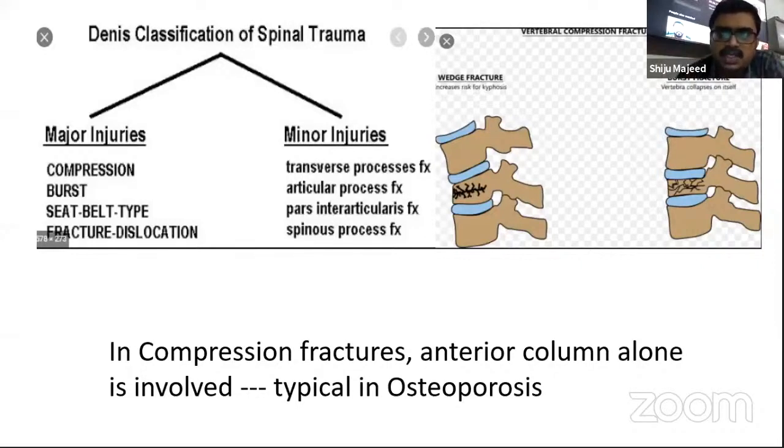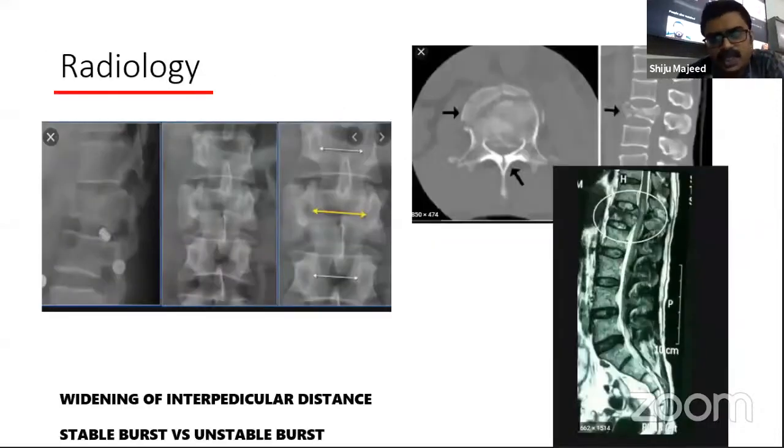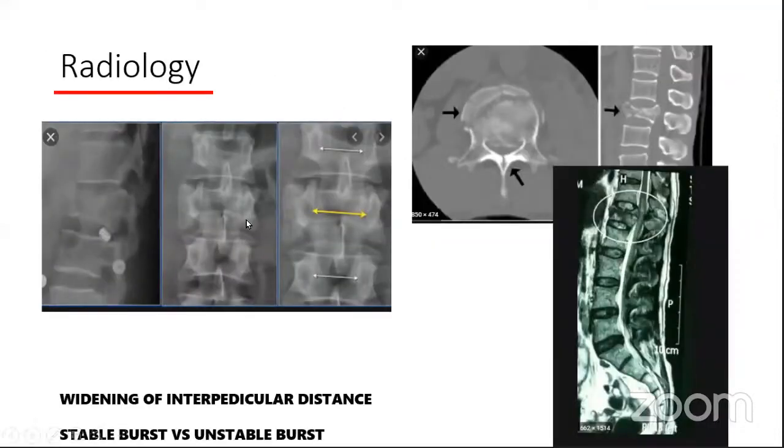The Dennis classification into 4 types: compression fracture, burst fracture, seat belt type, fracture dislocation. Minor injuries, you know the rest: transverse process fracture, spinous process fracture, facet fracture, pedicle fracture, etc. So in compression fracture, it is the anterior column that is involved. In burst fracture, it is the middle column.